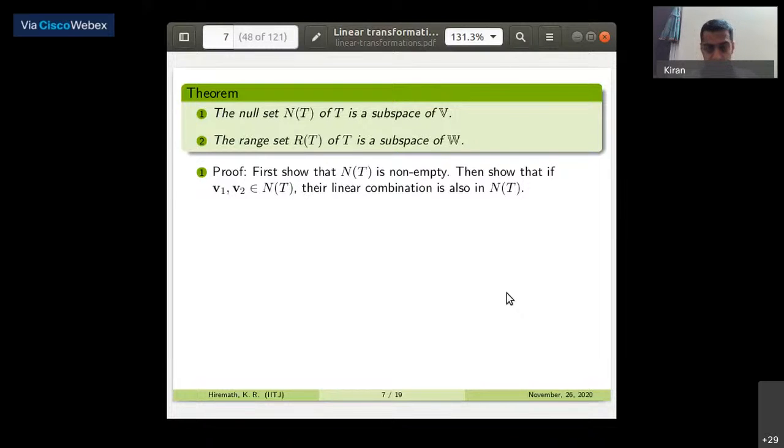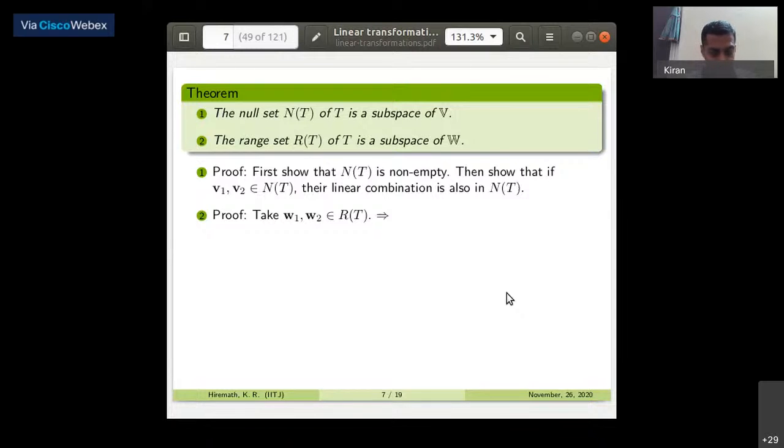I'm quite sure that you already know how to prove this. But what is important is that these two statements are an opportunity to synthesize the pieces of information that we know. We know the individual facts, but we need to combine them. In the same way, what are the things we need to check if we want to show that the range of T is a subspace of W? Take any two elements in the range.